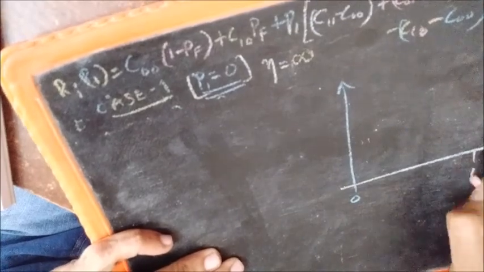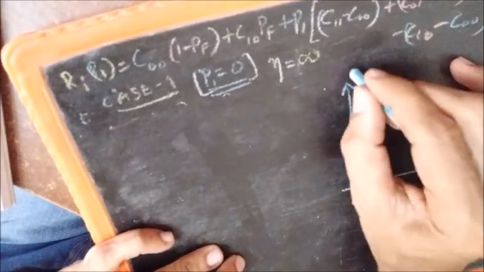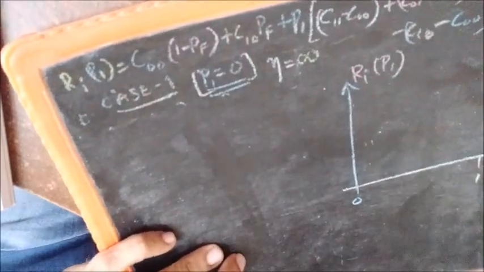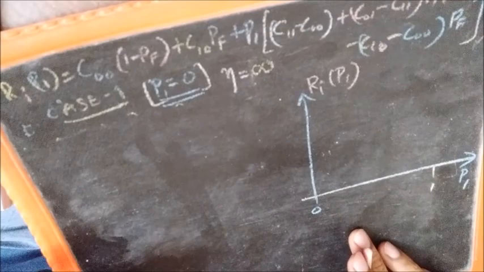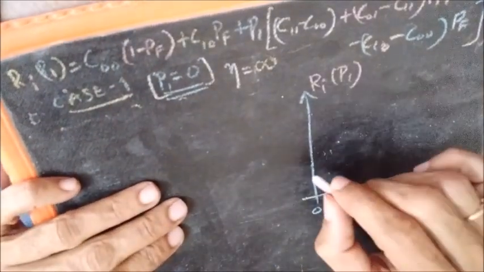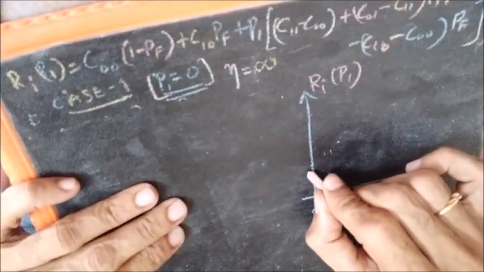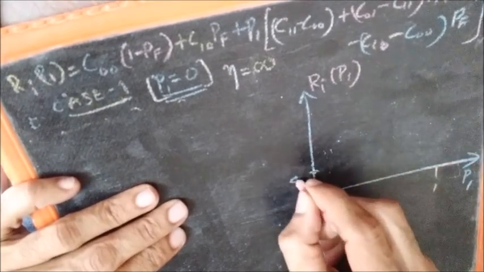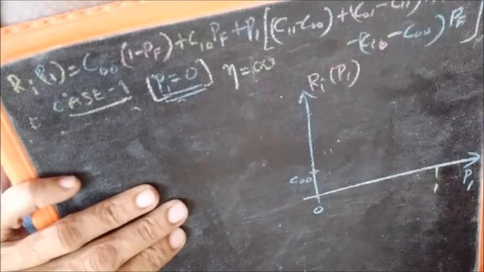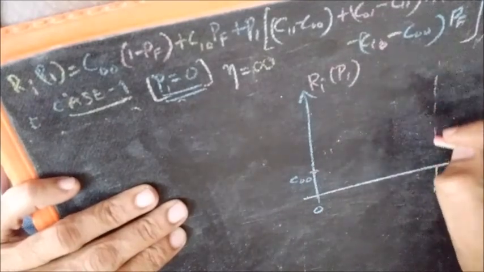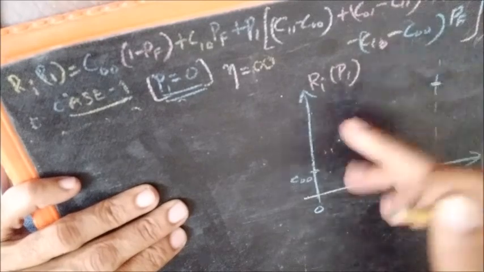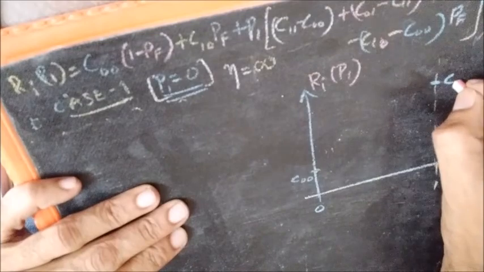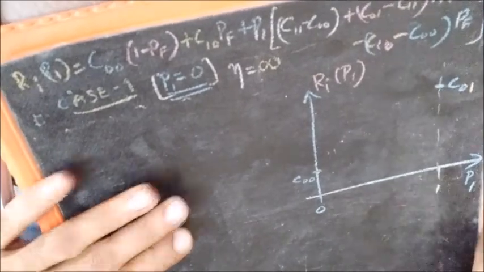P1 can range from 0 to 1. This axis is the risk as a function of P1. As we saw just now, as P1 varies from 0 to 1, the cost varies from C00 to C01.